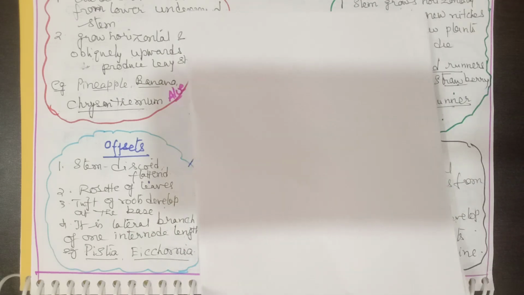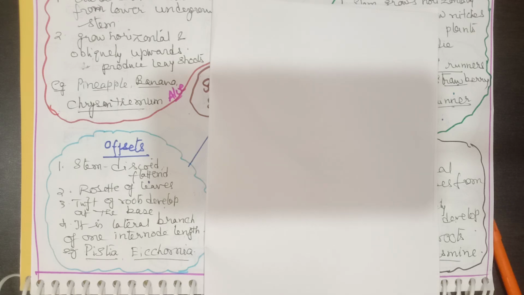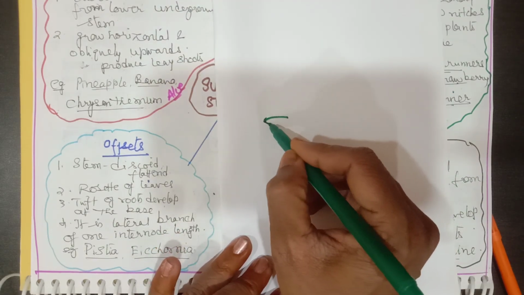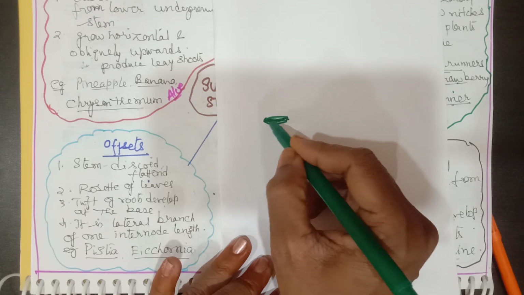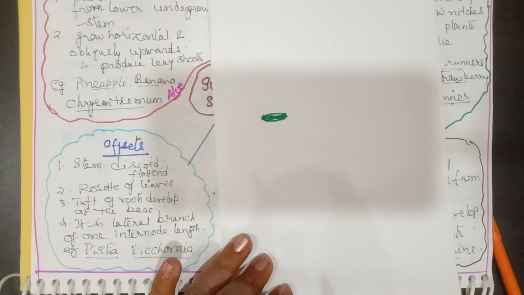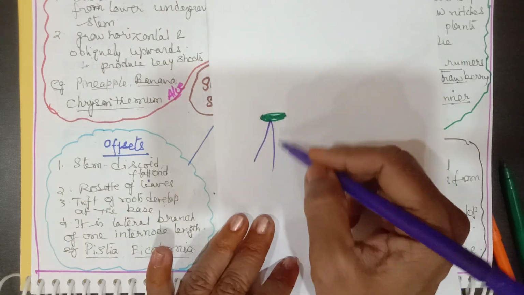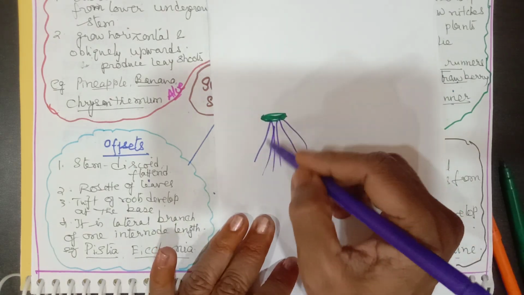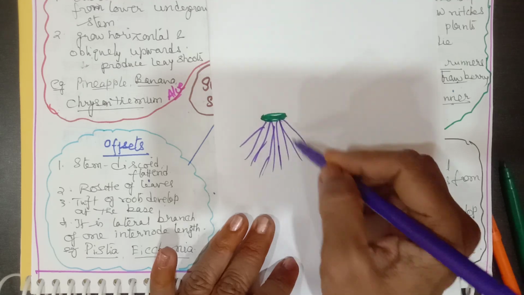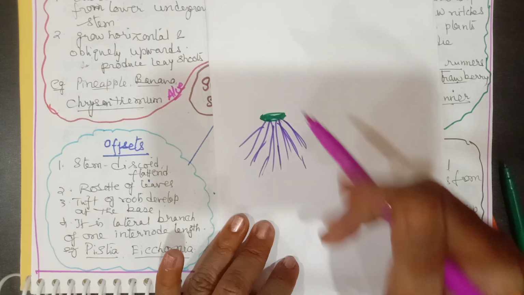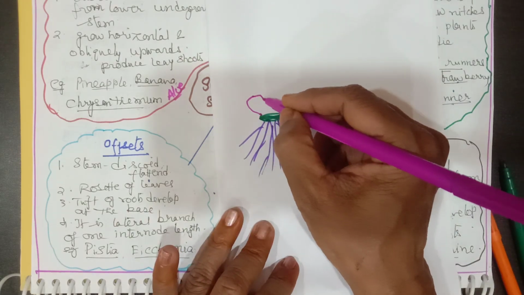Here we will see the diagram. First we will see the stem here. The stem will be disc shaped. To this disc shaped stem, first a tuft of roots will arise at the base, and at the top a rosette of leaves.